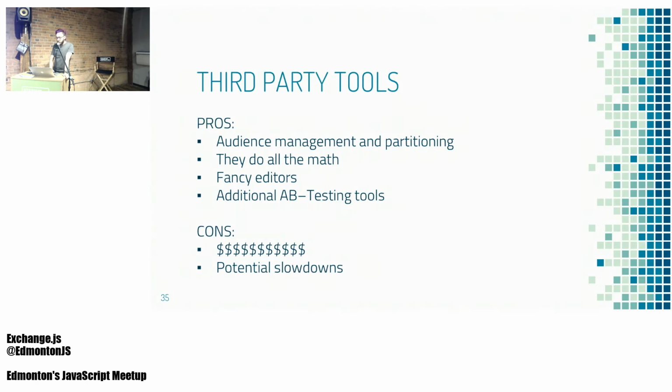But yeah, again, the pros and cons. The third-party tools are usually very good. They do all of the statistical math for you. They've got fancy what-you-see-is-what-you-get editors that just inject things onto pages, and they have additional tools.